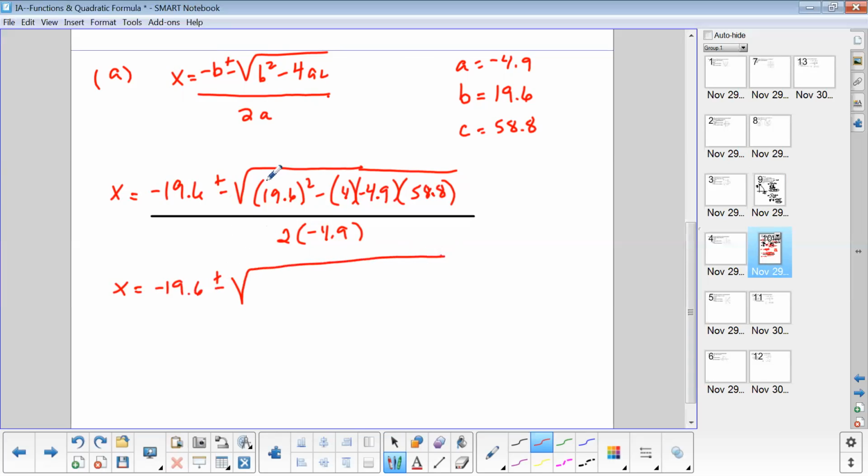So what am I going to get as the radicand? Well, I'm going to get 19 6/10 squared, and that's going to give me 384 1600ths.